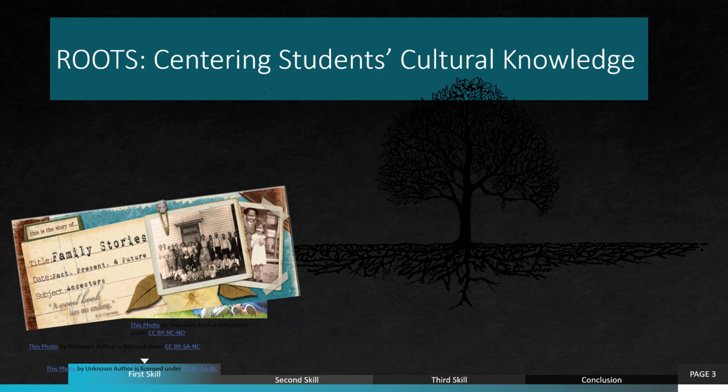Roots is the first core aspect of my teaching philosophy because culturally relevant teaching starts by understanding, recognizing, and affirming where students come from. This means their culture, ethnicity, which refers to a shared lifestyle informed by cultural, historical, religious, and/or national affiliations.